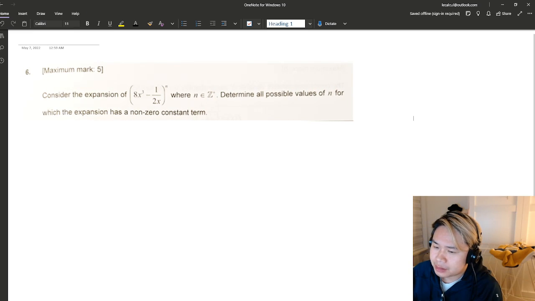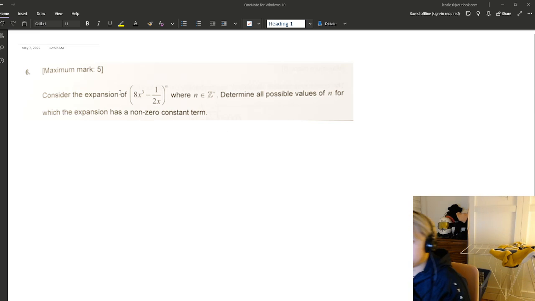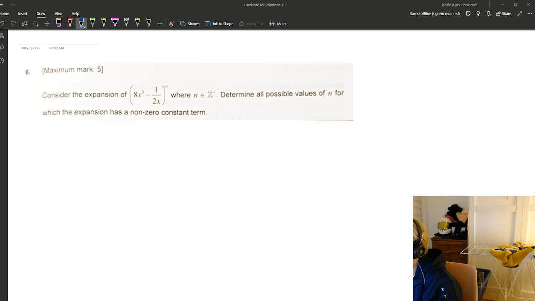Which is a binomial expansion. So consider this binomial expansion to the power n, and n is a positive integer. Determine all possible values of n for which the expansion has a non-zero constant term.